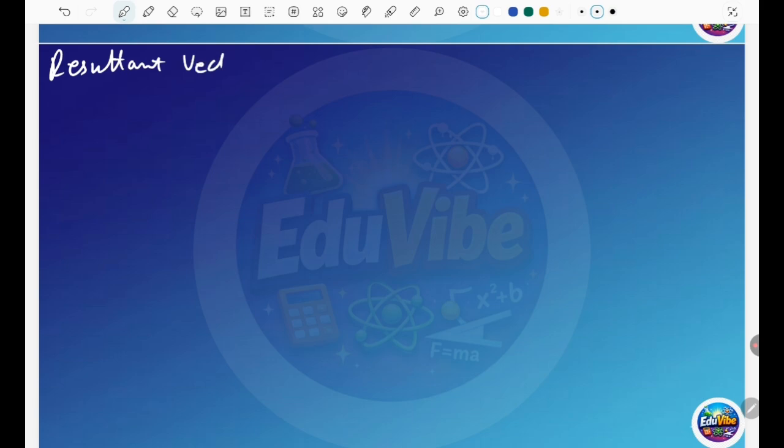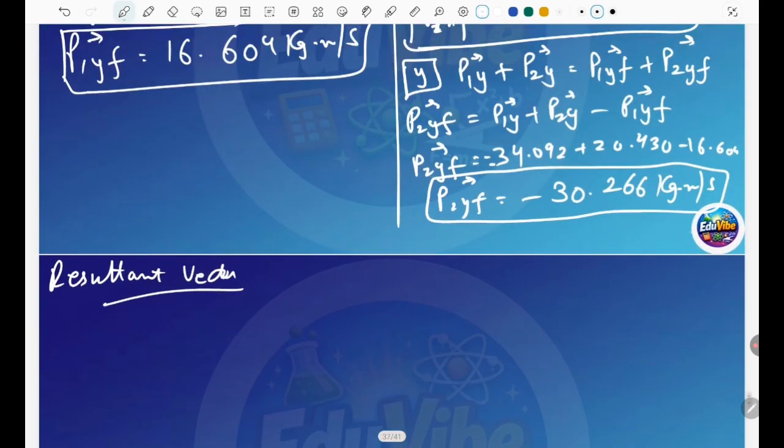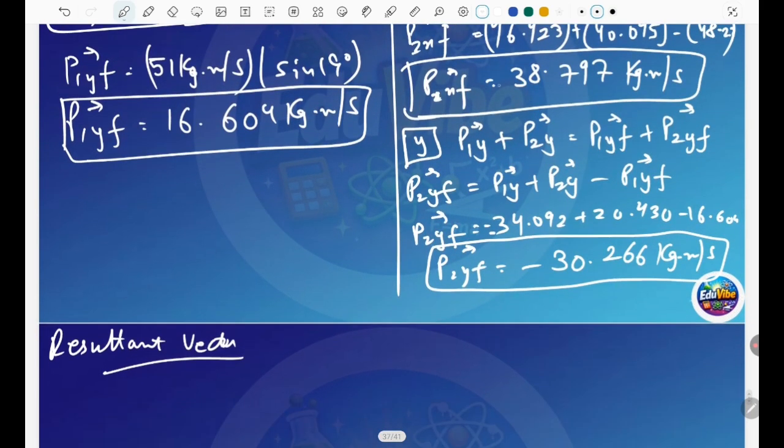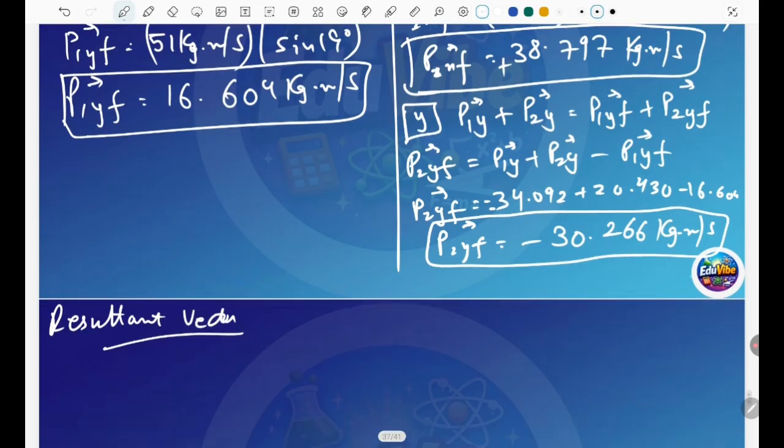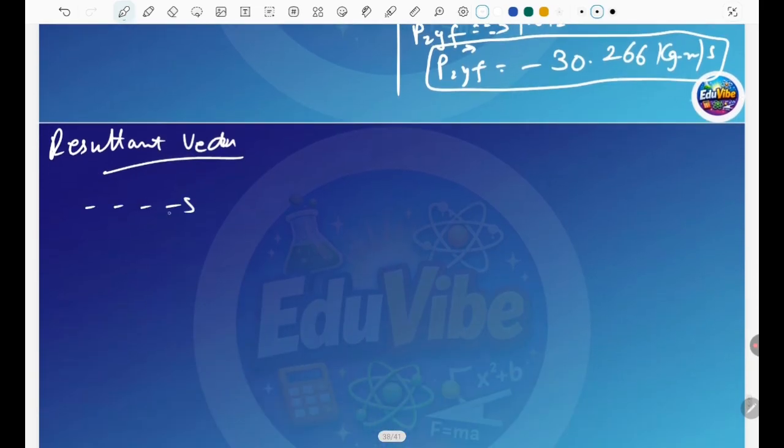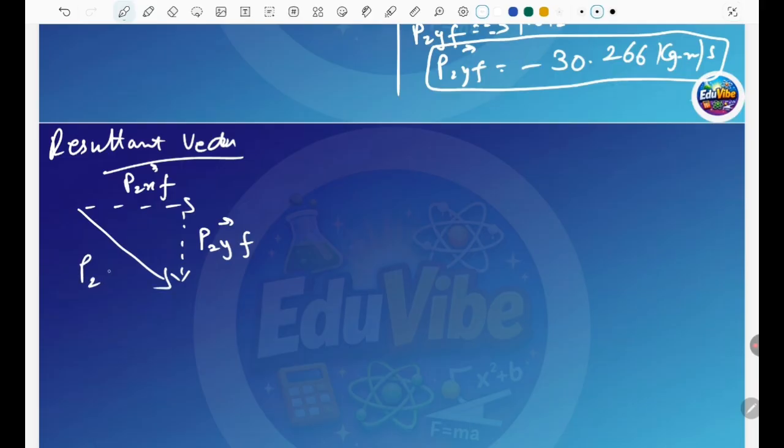For the resultant vector, the first one is positive, so our P2x final goes east, and the second one goes south because this is negative. This we have to find, which is P2 final. Once we get P2 final, we get the velocity too.